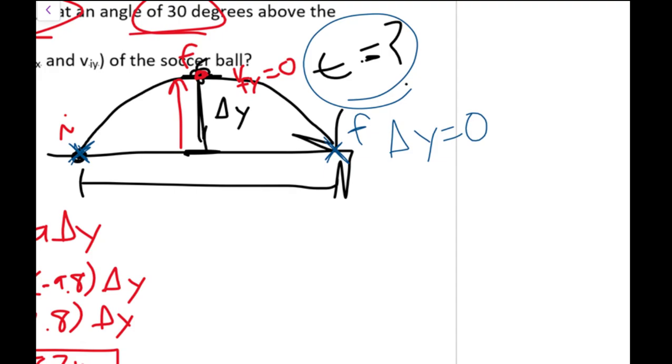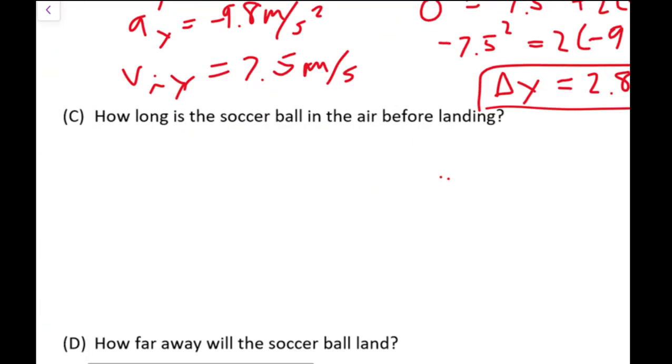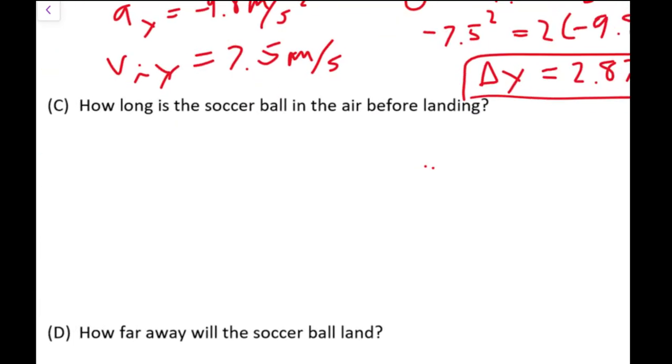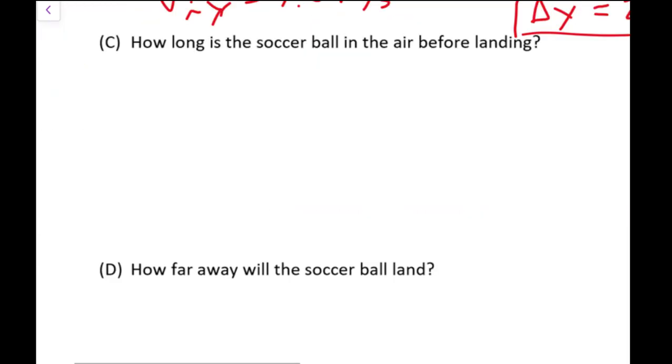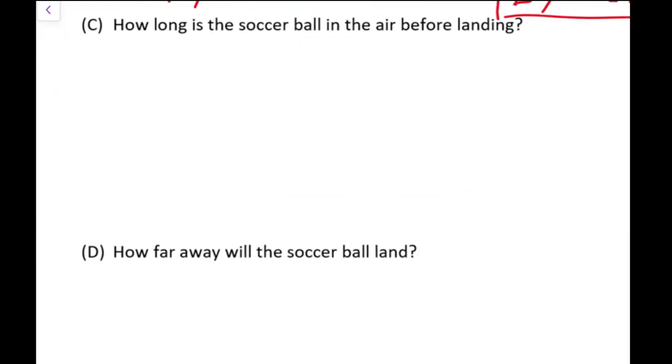So we can solve for how long it's in the air. We know delta y will be 0.